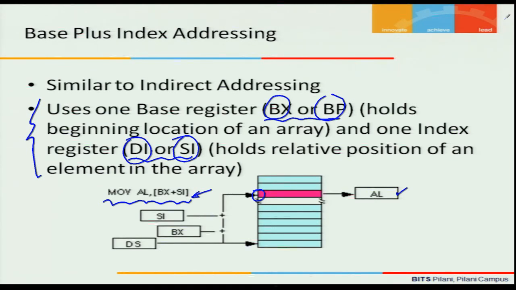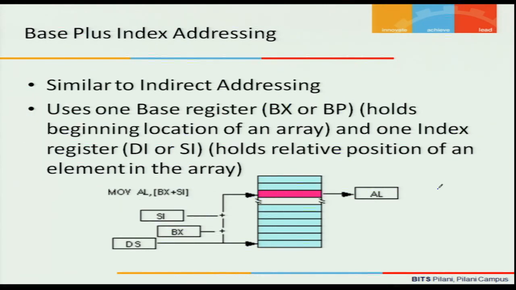register. Supposing that instead of the AL register I was using an AX register. So let us say that I was saying move to AX, BX plus SI. So suppose this was the instruction. So in this case I would be reading two memory locations.